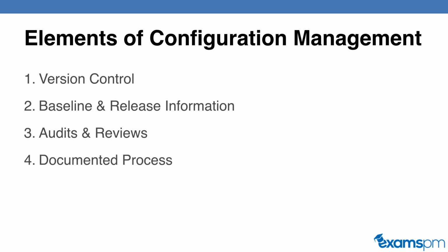And that brings us to point number 4, that you do have to make sure you have documented processes for configuration management. So basically, these are processes agreed upon by the whole team on how you will document configuration management so that anyone can come onto the team, look at the documentation, and know what is going on.